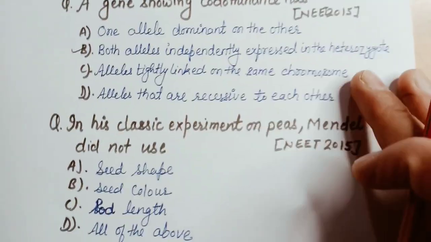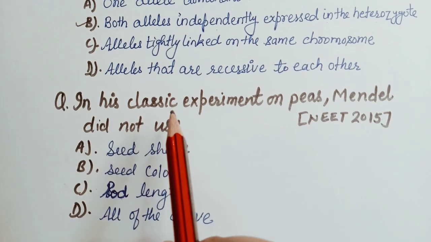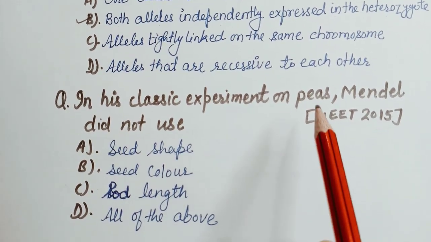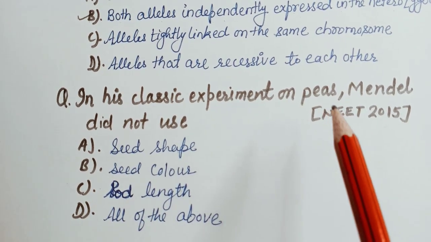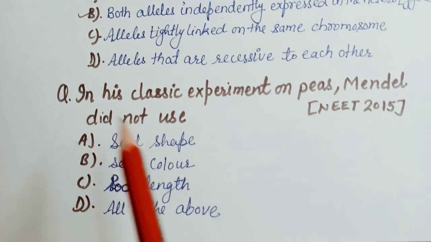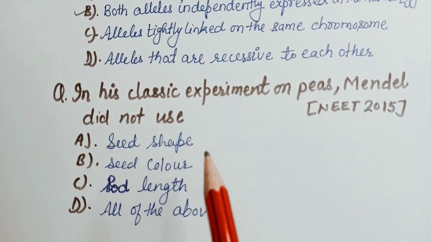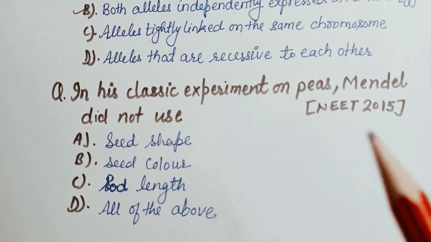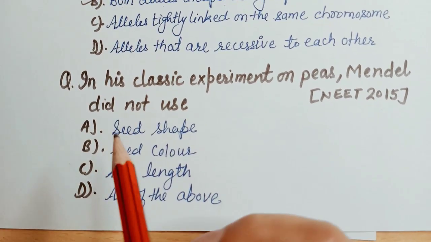Next question is, in his classic experiment on peas, Mendel did not use. So मेंडल ने अपने क्लासिक एक्सपेरिमेंट जो उसने पी प्लांट पे किया था, किस चीज को यूज नहीं किया था? कौन से कैरेक्टर को?